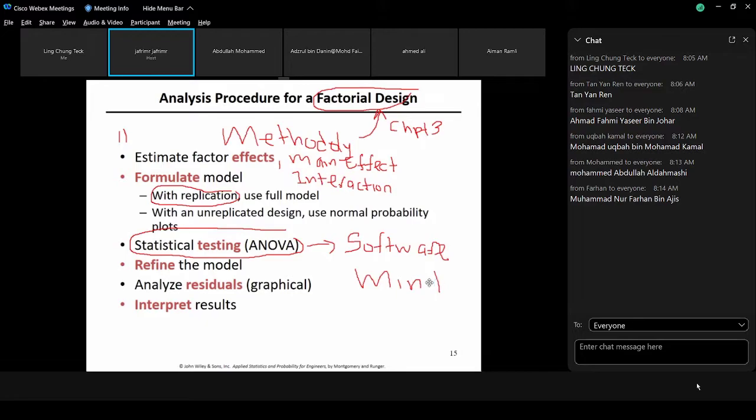I think by now you should install it on your own laptop, so that all analysis is done there. For the FYP project, you must use software. Okay, this is statistical analysis.